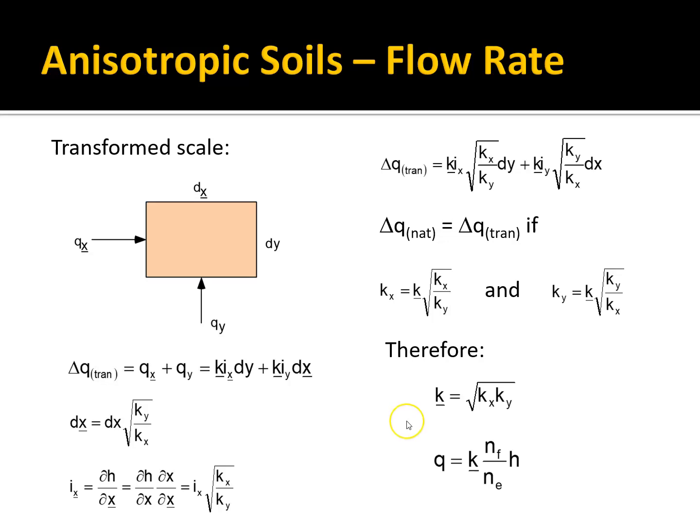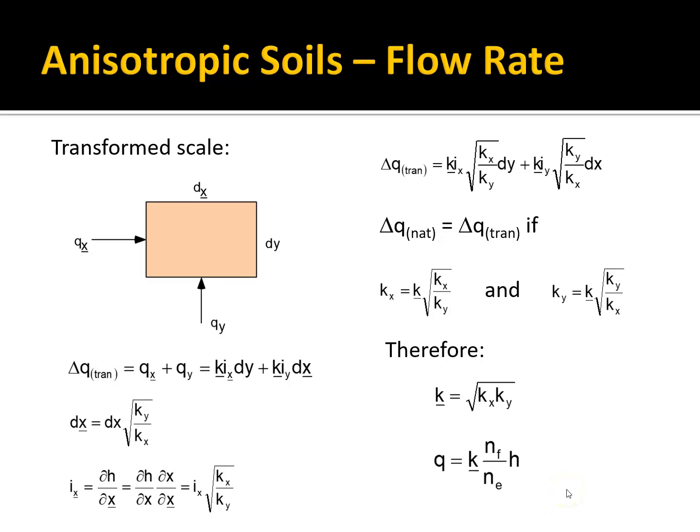And therefore, if you declare a new transformed k as the square root of kx times ky, you can use our original q term, k times nf over nd times h, as long as you use this k.